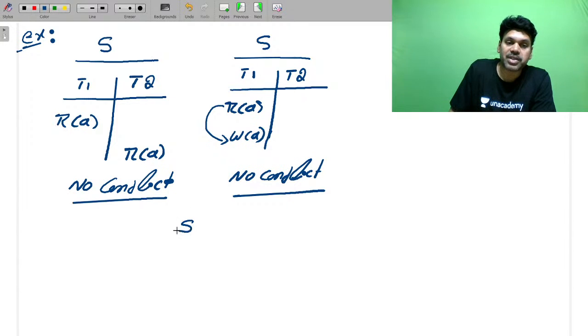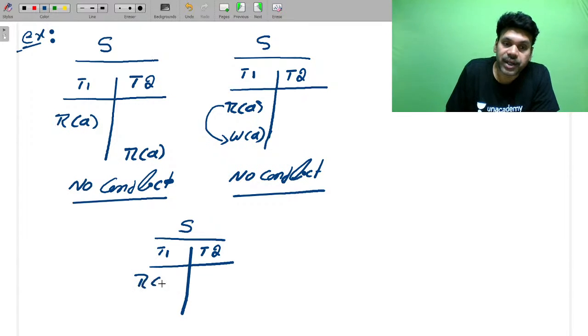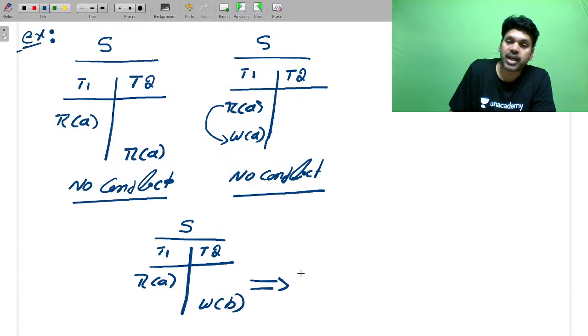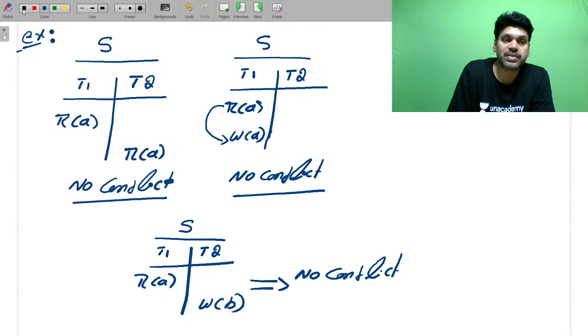Now I am taking a Schedule S which consists of T1 and T2, and I am taking a read of A and a write of B. I can assure that there also is no conflict. Why no conflict? Our rules are satisfied. What is that? A minimum of two transactions, and what is that?